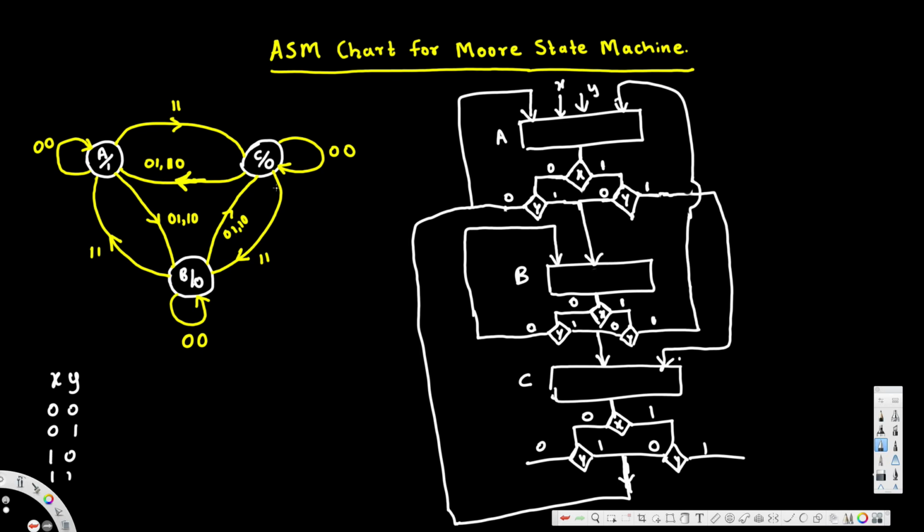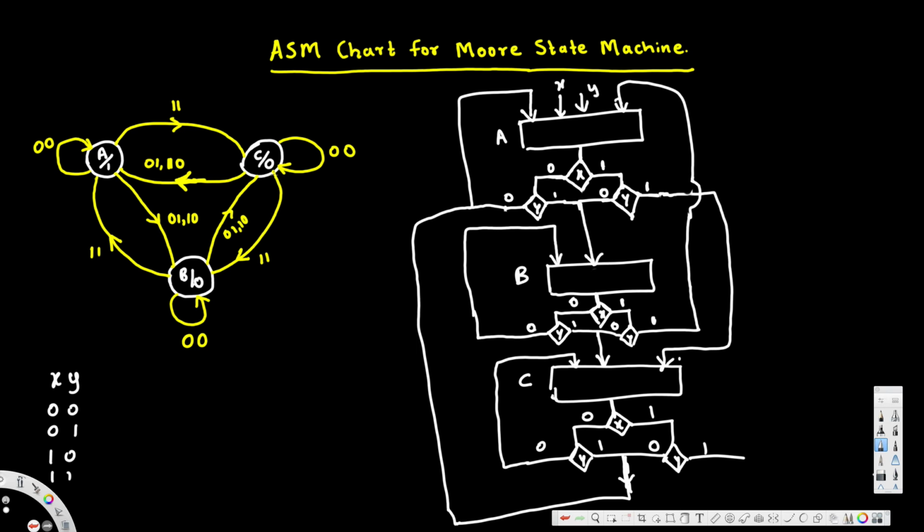Now let's go to C. In C, when it's 0 0, it goes to C again. So here x is 0, y is 0. It goes to C again. And then we have 1 1.